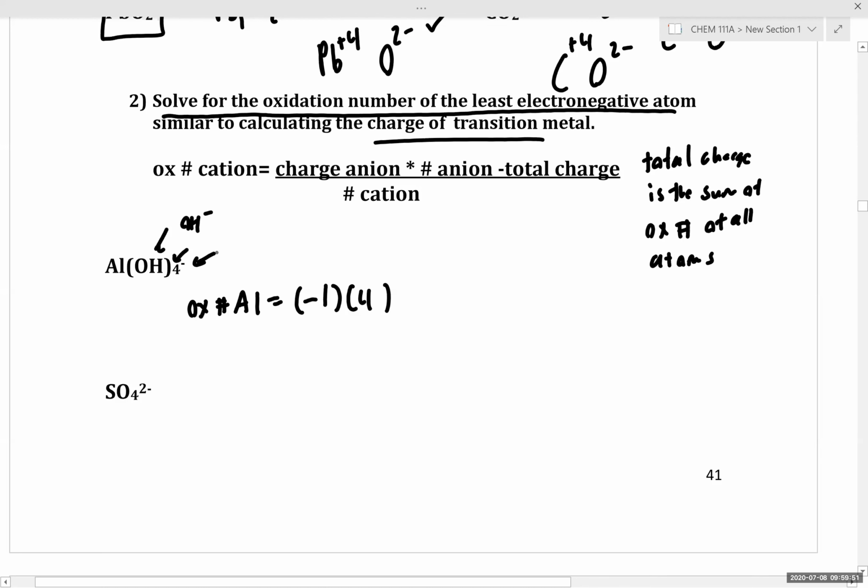Our total charge is -1, and we have 1 aluminum cation. So that in turn, and there should be a -1 next to this, gives us an oxidation number of aluminum of +3.